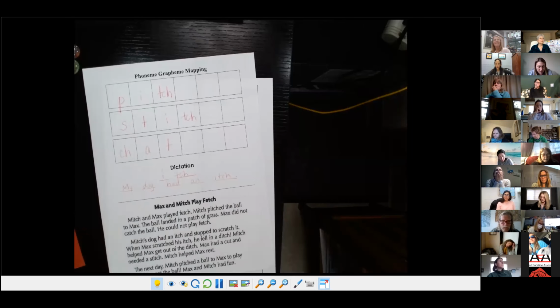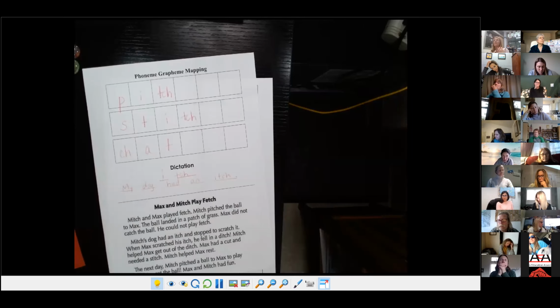What's important is that they show you that they learned what you taught them. And if you followed a scope and sequence, then you taught them when to use CH, and now you've added the layer of TCH and the features of when you use that. A structured language approach allows you to know those rules, and then you transfer those rules.